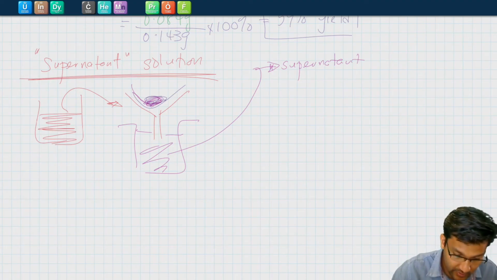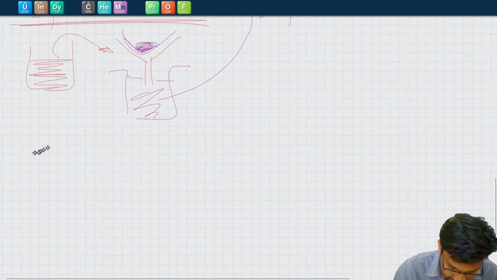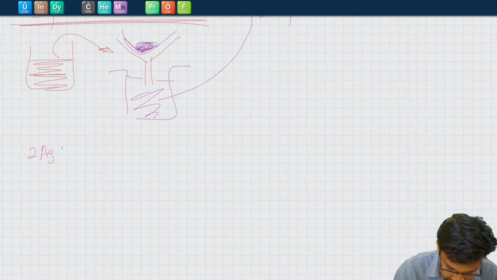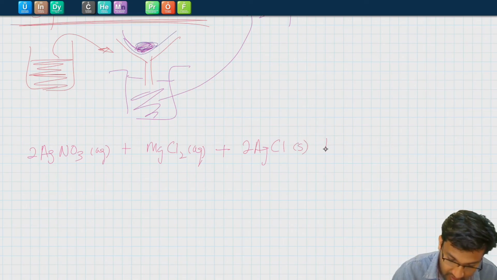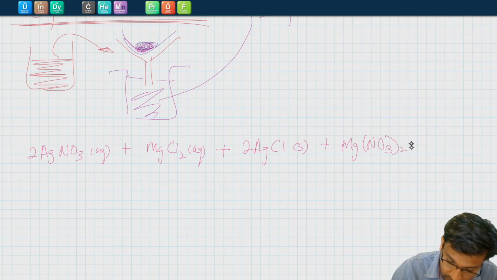So if we look at our equation again, our balanced equation was 2 silver nitrate aqueous plus magnesium chloride aqueous yields 2 silver chloride, which is our solid precipitate, plus magnesium nitrate aqueous.